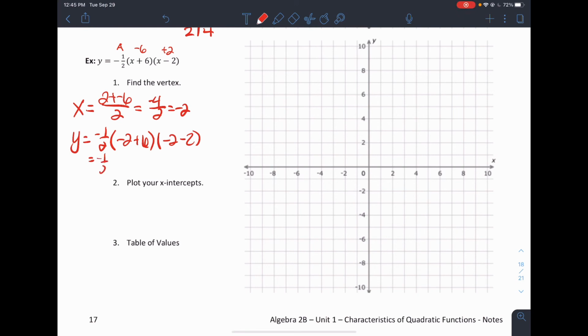Well, that's negative 1/2 times positive 4, my bad, times negative 4, which I believe should give me positive 8. So my vertex, therefore, is at negative 2, 8. So left 2, up 8. There's my vertex. My x-intercepts will be positive 2 and negative 6.